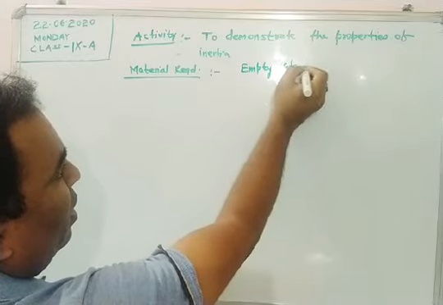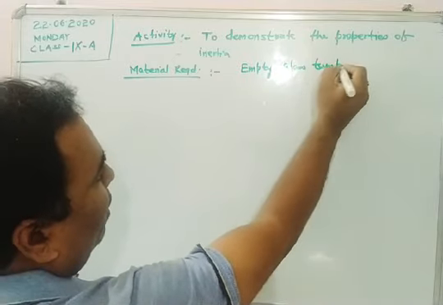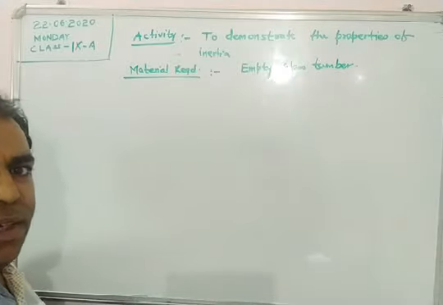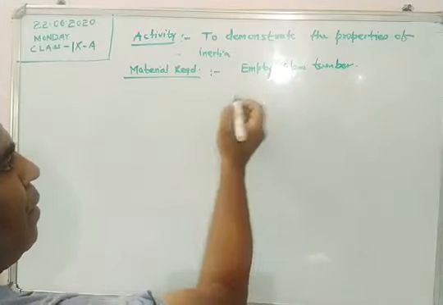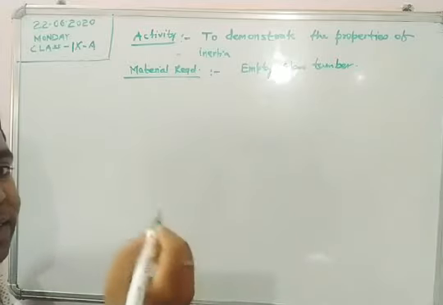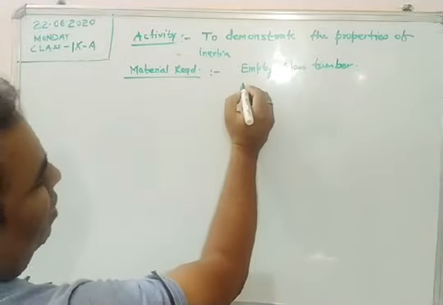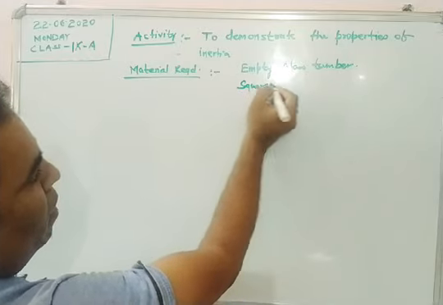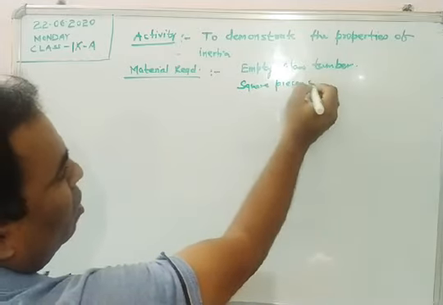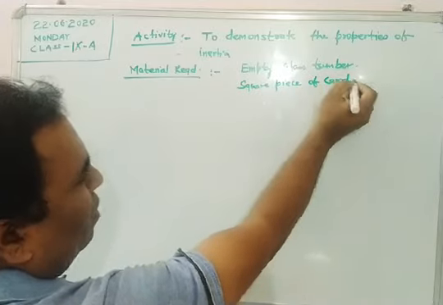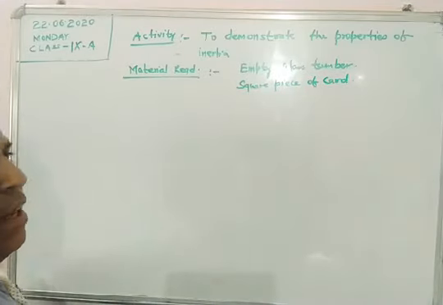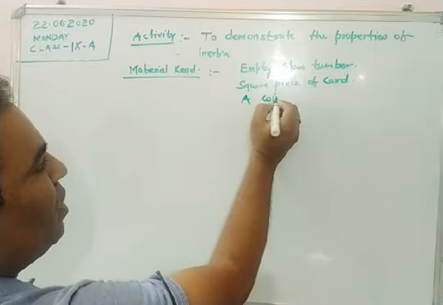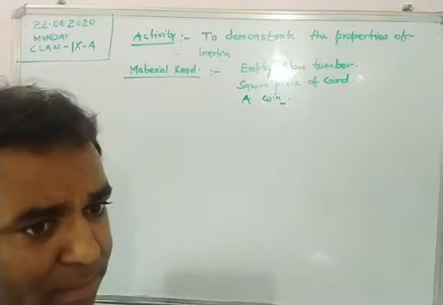Glass tumbler means just a glass, in which you drink water. And the second thing is a square piece of card, any card. And just one coin you need for performing this activity.